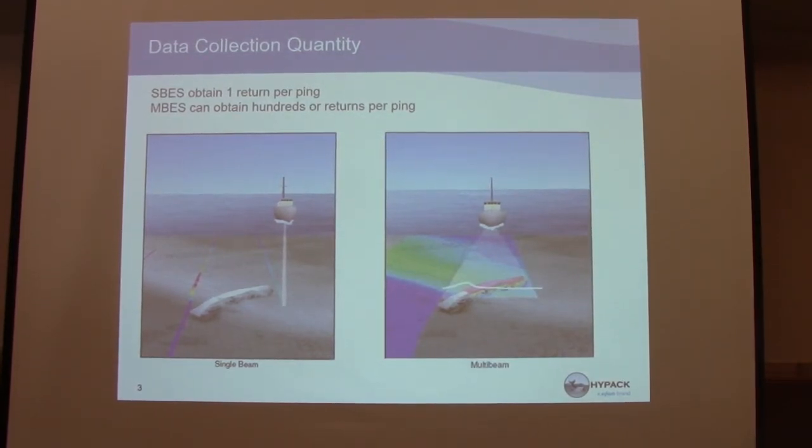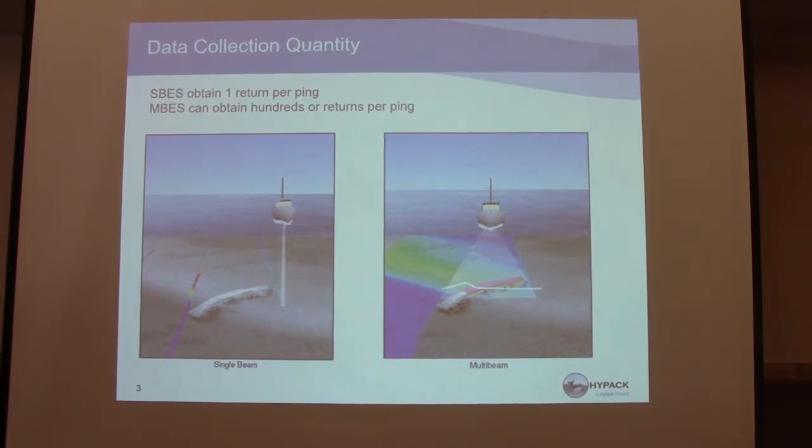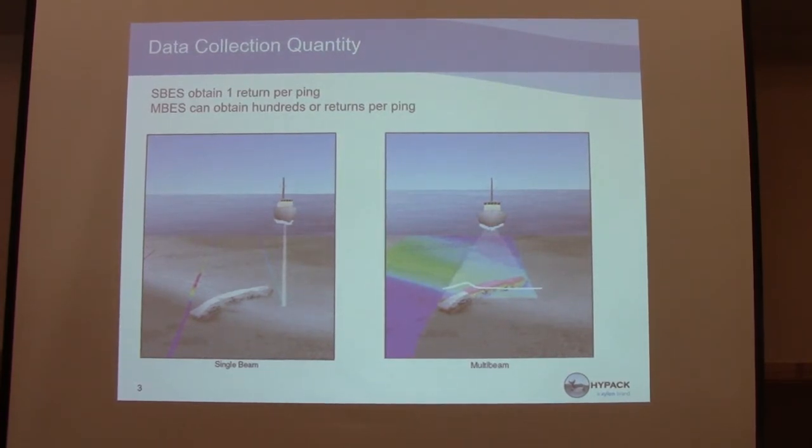Depending on if you have high or low frequency will dictate what your beam width is going to be. Same thing goes for multi-beam. Each ping on the bottom has a footprint size, just like a single beam. So it's a lot of single beams in one head.